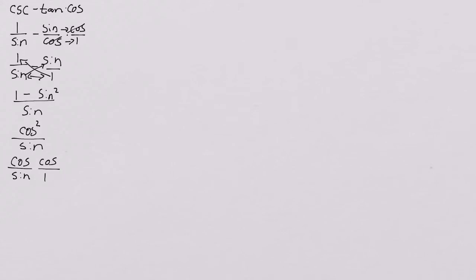Well, cosine over sine is nothing more than cotangent, and cosine over 1 is nothing more than cosine, and we are done simplifying. I'm having a hard time writing today. Cotangent times cosine.